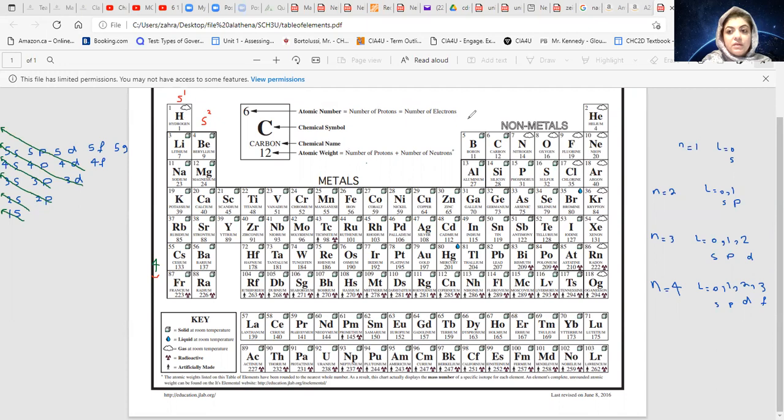It's going to be p, right? So 2 of them, it's going to be p1. Ending p1 is ending here, all of these elements ending p2. Here p3, p4, p5, p6.